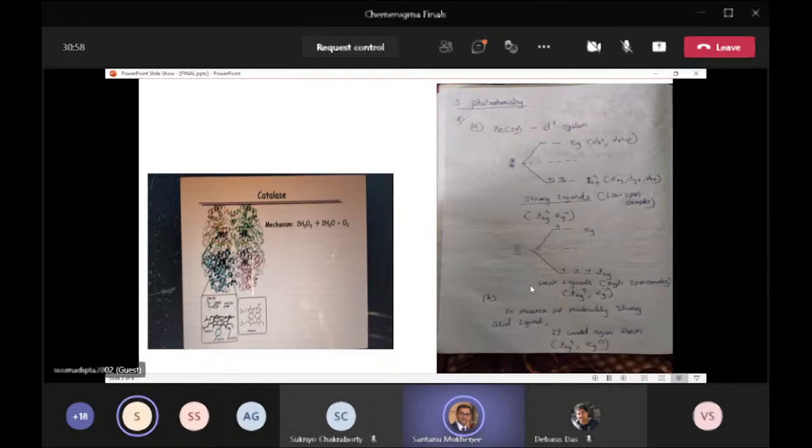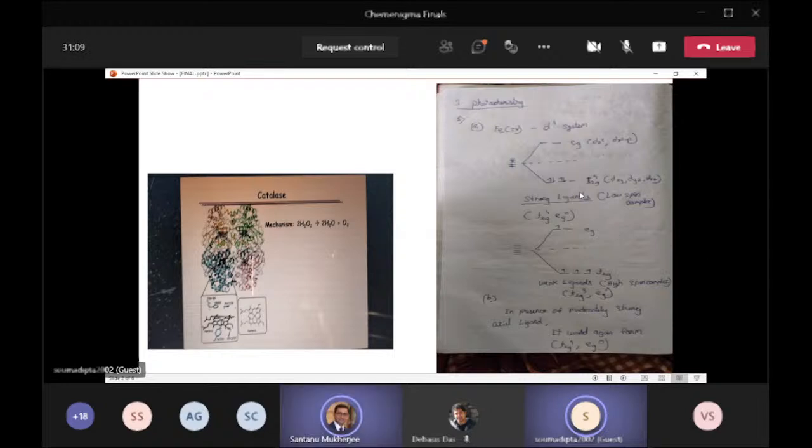So actually, in case of strong ligands, the ligand would increase the del zero value. So the 10Dq value would be increased in case of the strong ligand. Why does it happen? Why do they increase the 10Dq or the del zero?